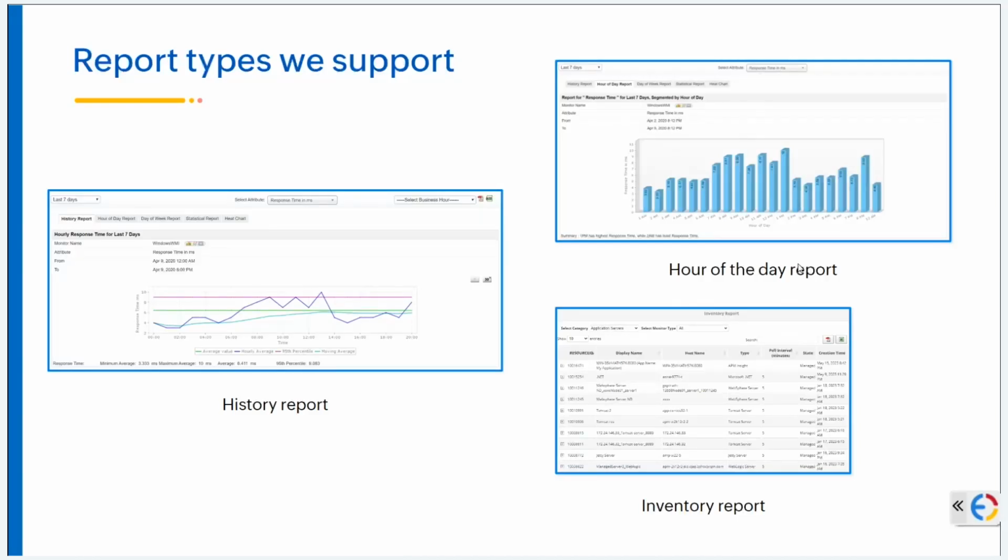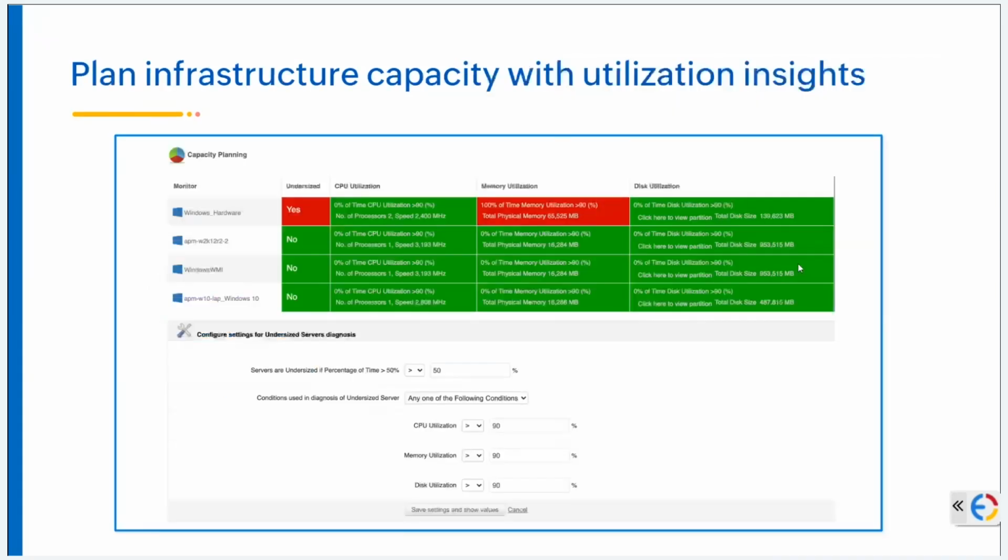Then we also have the inventory report, where you can view all the details of all the elements present in your IT infrastructure or inventory. So we have capacity planning reports, which are reports for servers, VMs, containers, etc., where you can see whether the servers are being underutilized, overutilized, or under-provisioned or over-provisioned.